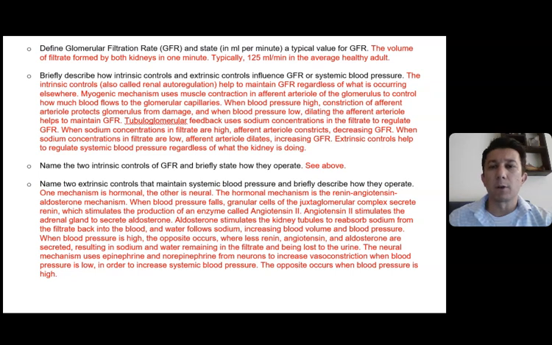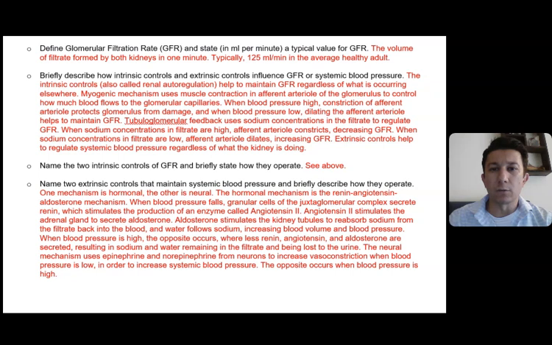So when systemic blood pressure gets low, the afferent arteriole is going to dilate, which helps to increase blood flow by decreasing the resistance to the glomerular capillaries, and keep blood flow to the glomerular capillaries high and help to maintain a normal GFR of about 125 milliliters a minute, even when systemic blood pressure starts to drop.